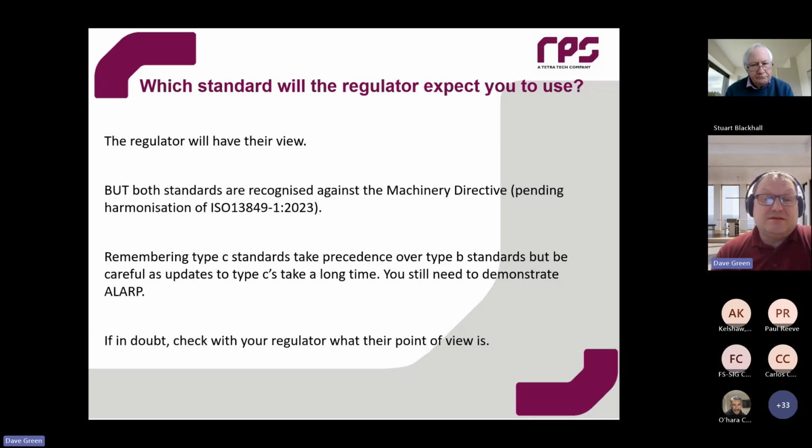They may have a preference. HSE representatives do sit on the BSI committees and international standards committees, so they are working with the standards all the time. So if your inspector doesn't know, then there'll be someone in HSE that will be able to give them a guide as to where you should go, if you get my drift.